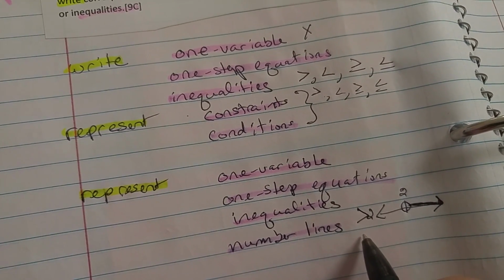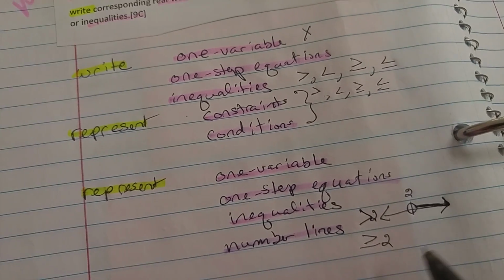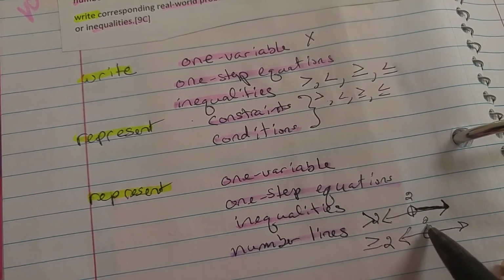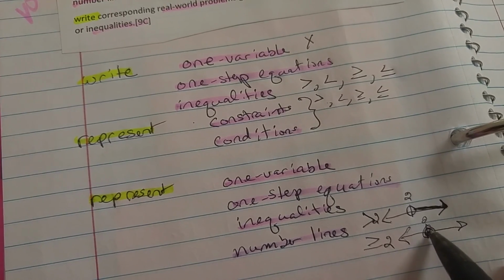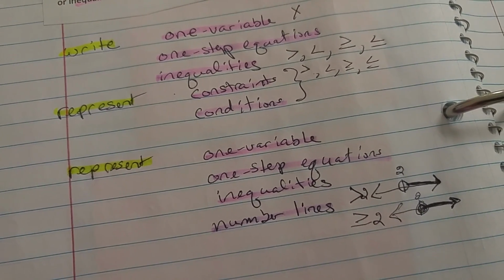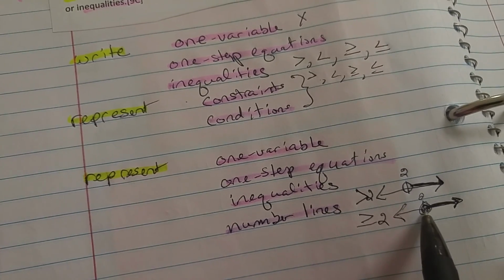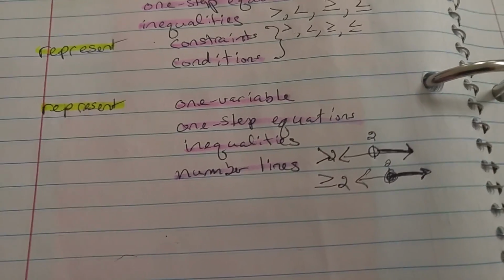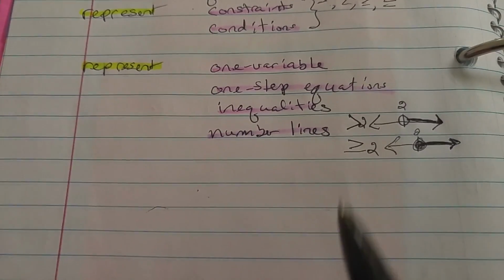If it was greater than or equal to 2, my number line would look like this. Here's my 2, but now I close in my circle. We're going to be practicing that a lot this week. But what we need to know is that if the circle is filled in, it includes that number, and if the circle is open, it does not include that number. So we'll be doing a lot of representing them on number lines this week.